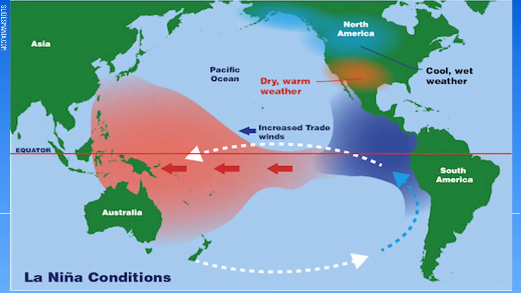Ayan, here. So, La Nina is a weather phenomenon characterized by unusually cold ocean temperature in the equatorial Pacific, which causes increased number of tropical storms in the Pacific Ocean.